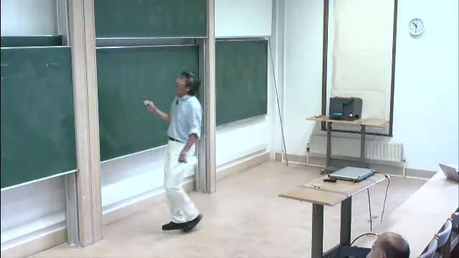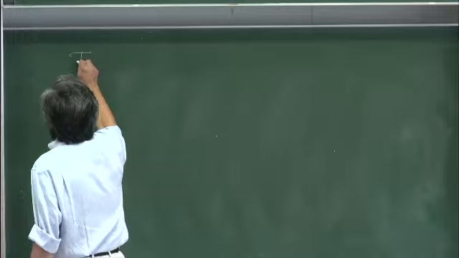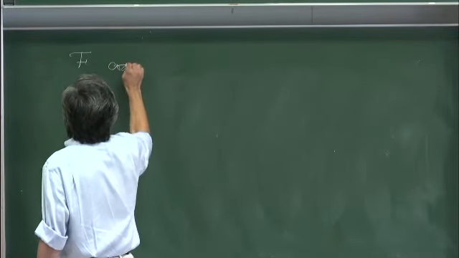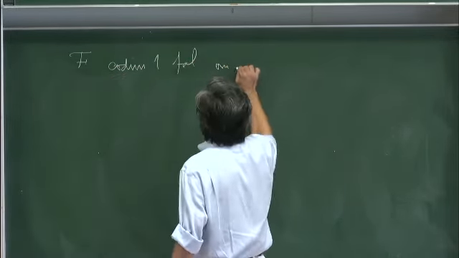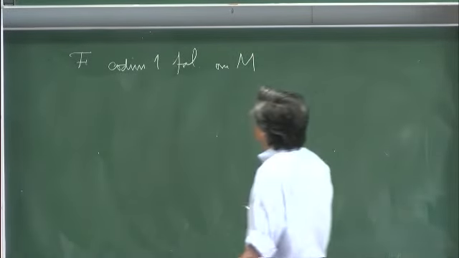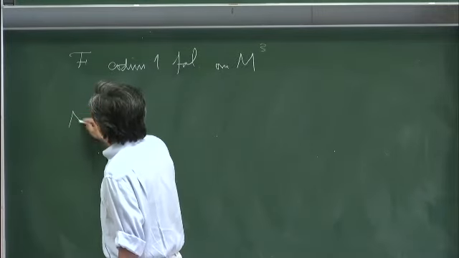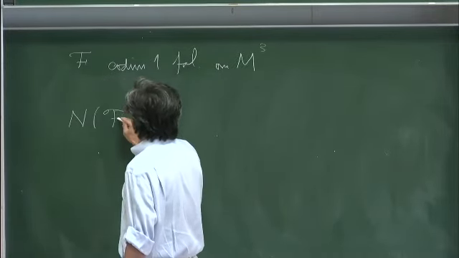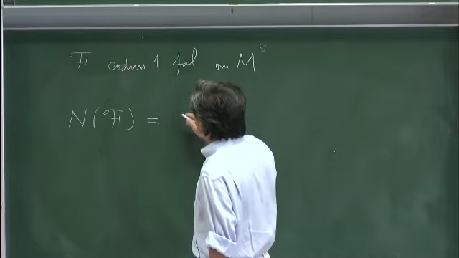But anyway, if you have a codimension 1 foliation, then what I'm going to take is the following space inside the space of exact two forms.